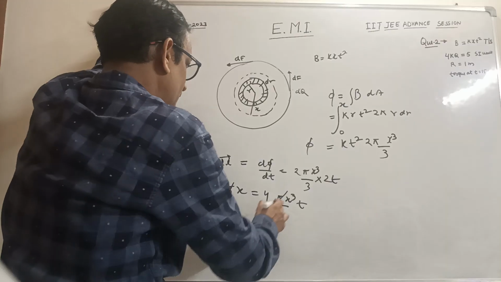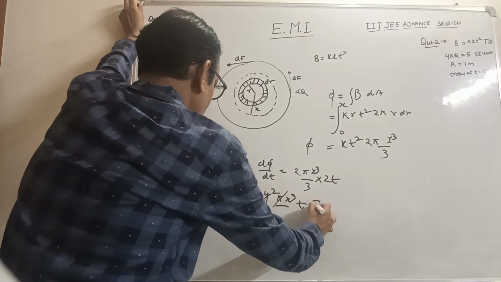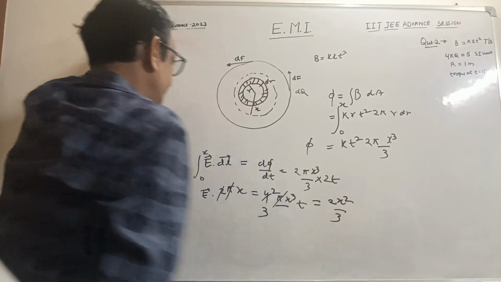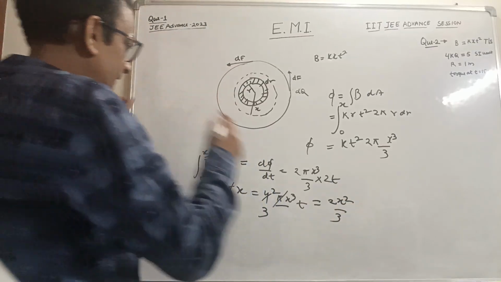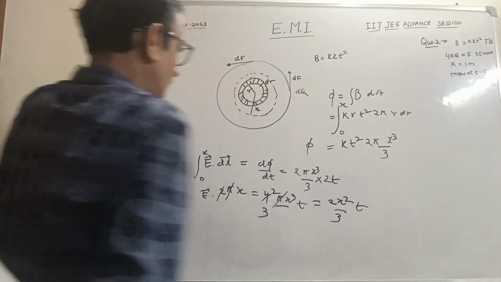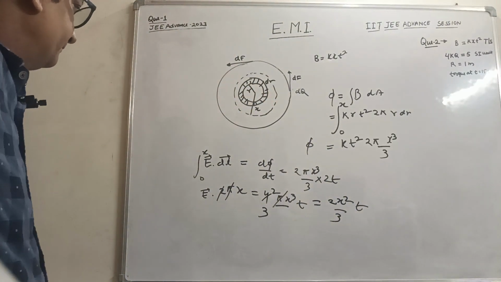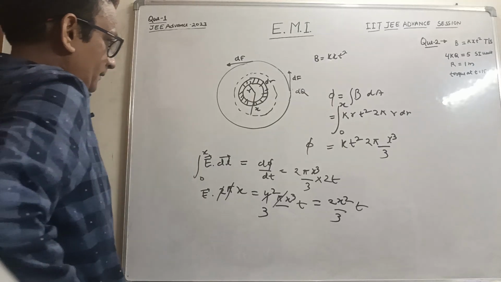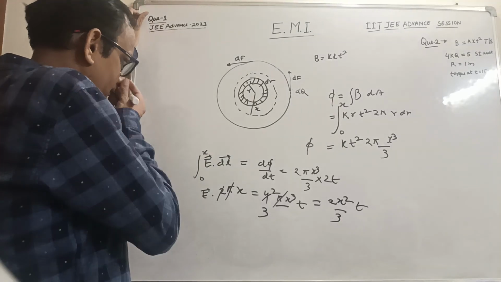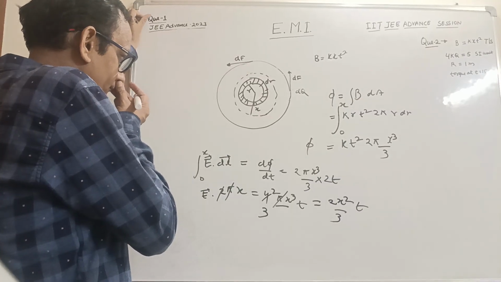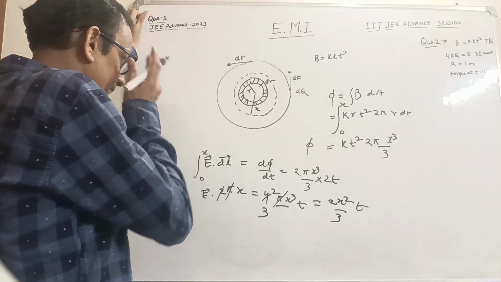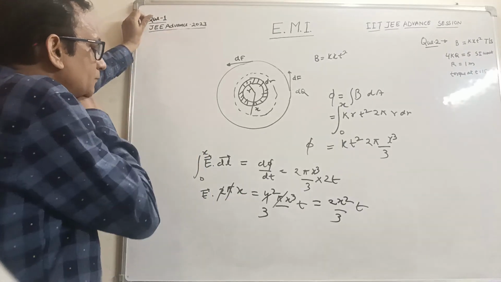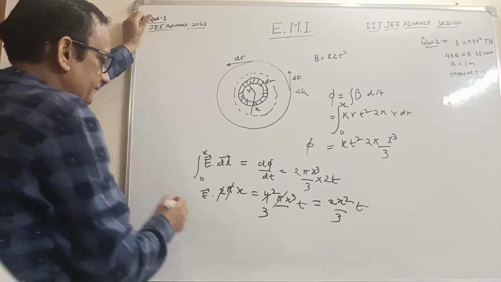So this becomes 2x squared by 3 times t, 2 pi cancels, giving 2x squared by 3 t. This is the electric field.